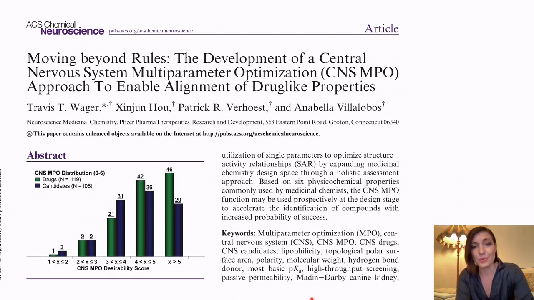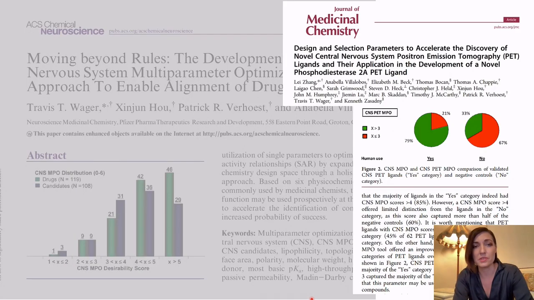Unfortunately, this is really focused more on therapeutic drugs, not on tracers, although people use this tool to predict whether a tracer molecule would get across the blood-brain barrier. And you might think drugs and tracers are similar, but actually they're really not at all.